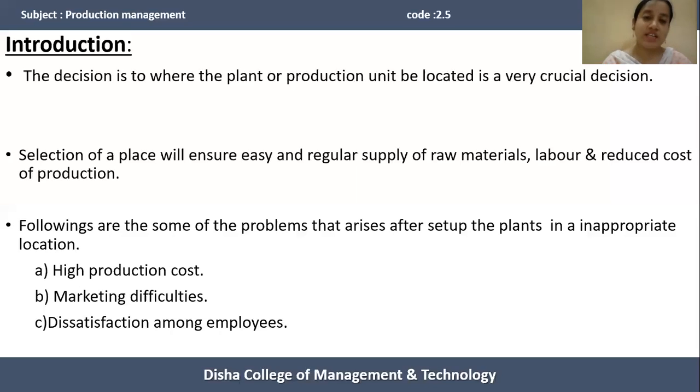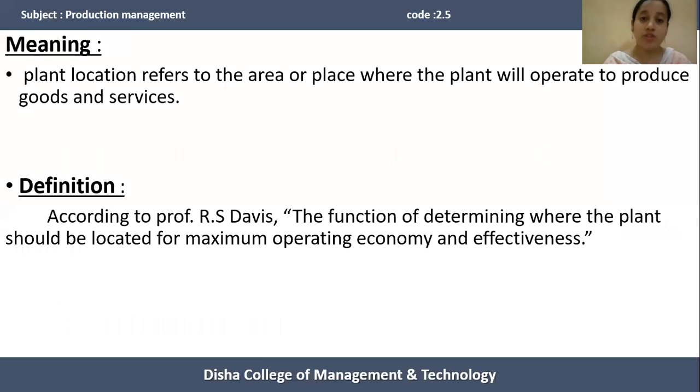So, by considering various factors and elements, the industrialist should identify a proper location for their plant so that the firm can get success and maximum operating efficiency. So the plant should be located in a place where raw materials are available, where low labor rates prevail, and where other facilities are also available. So this is all about the concept of plant location.